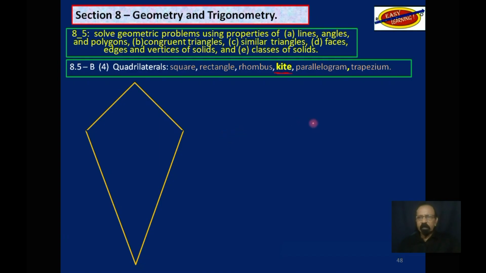What do we know about a kite? Well, it has two pairs of adjacent sides, each pair equal to each other. So that pair up there, they are adjacent and equal to each other. And this pair down here, they are adjacent and equal to each other. We know that.